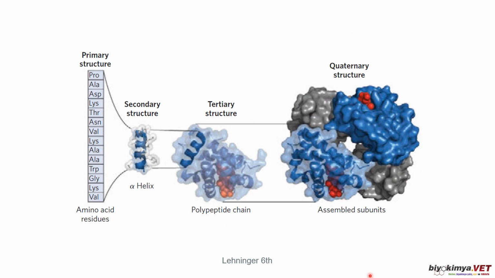The overall three-dimensional arrangement of all atoms in a protein is referred to as the tertiary structure of the protein. The term secondary structure refers to the spatial arrangement of adjacent amino acid residues in a portion of a polypeptide, while tertiary structure involves longer range aspects of the amino acid sequence.